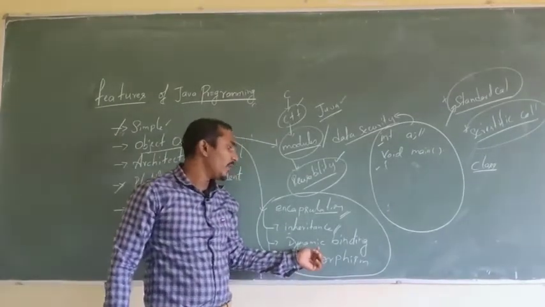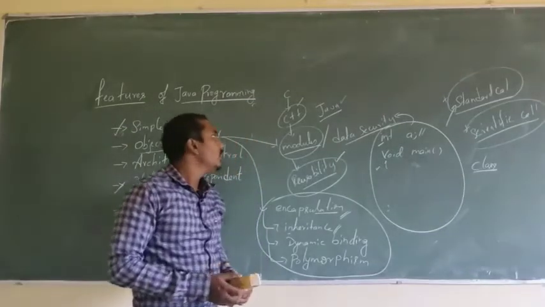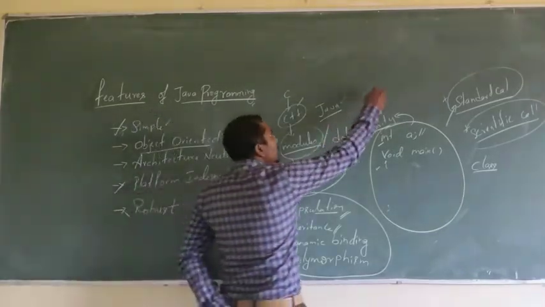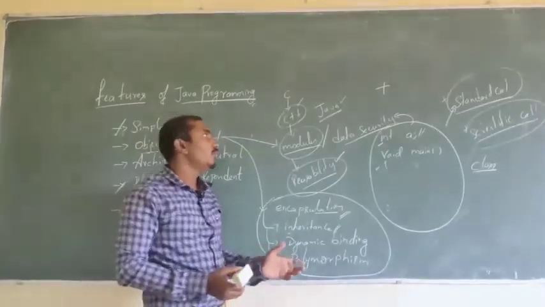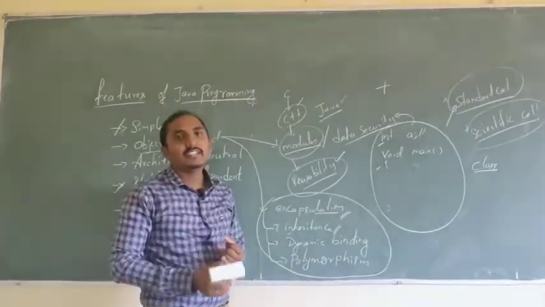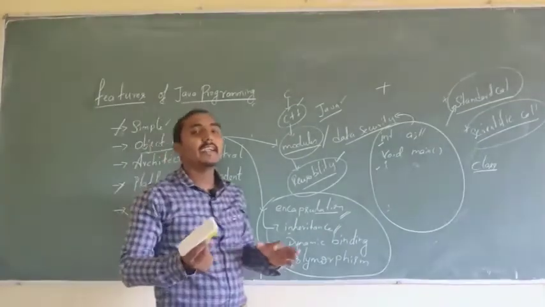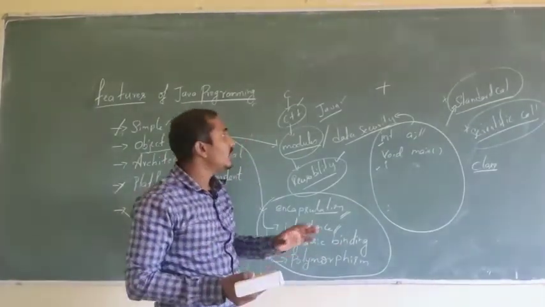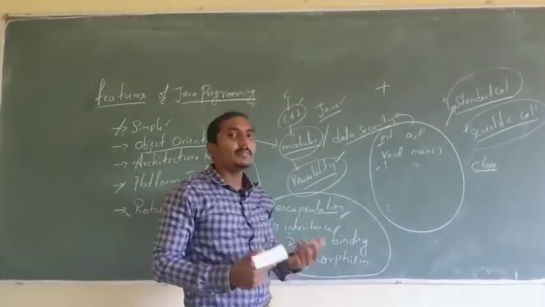Again, dynamic binding. What is dynamic binding? For example, if you are doing addition, the same plus operator will be used for adding an integer number, a floating point number, as well as for concatenating two strings. So the same operator will be used for multiple things.